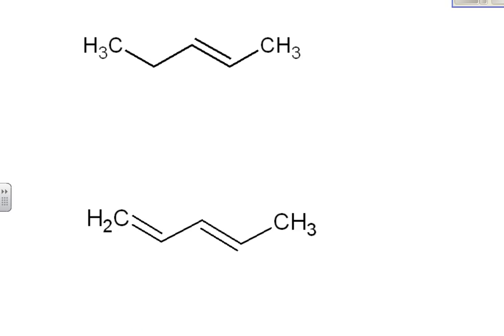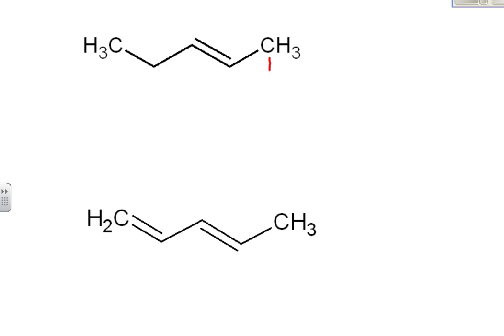All right, the naming of these things: the key is that when you name them, you have to count through the double bond. So you still want to find the longest chain, but you want to number it so that your numbering goes through the double or the triple bond that exists, and you want the numbering to be as low as possible.